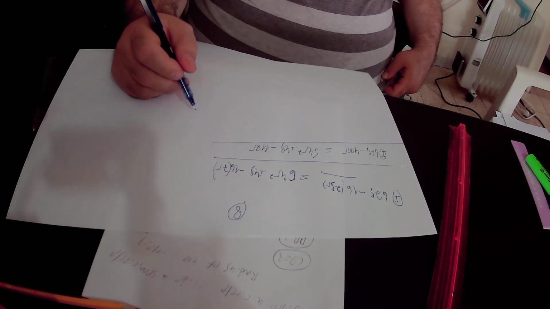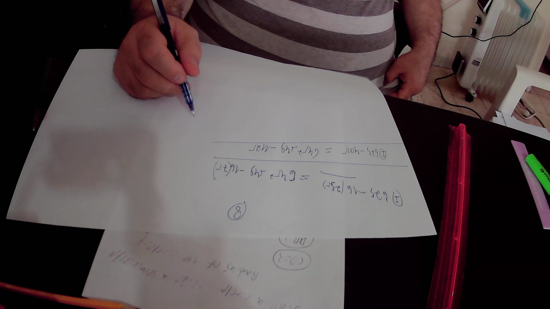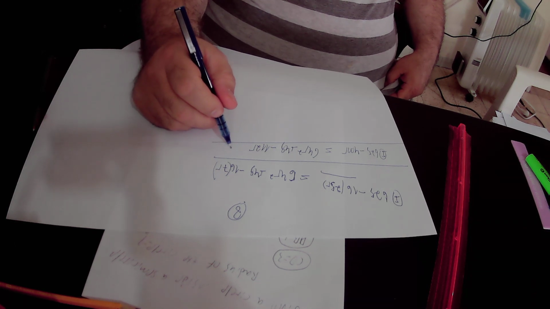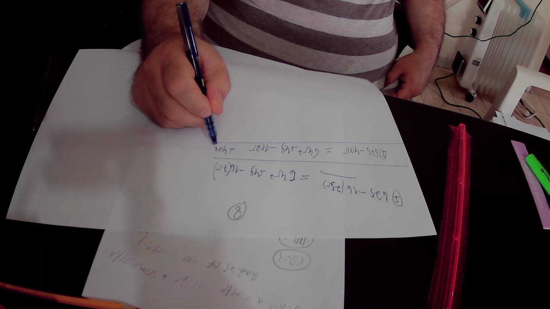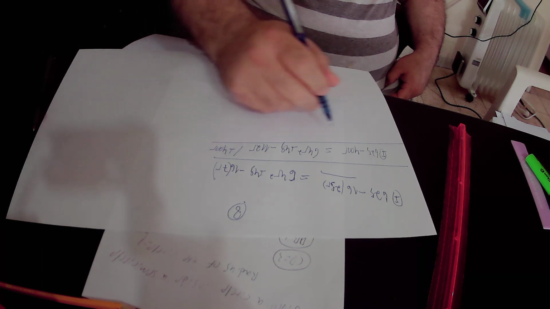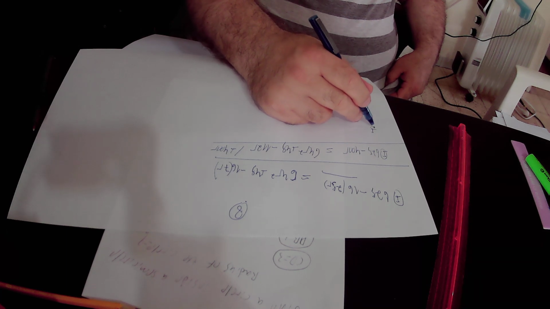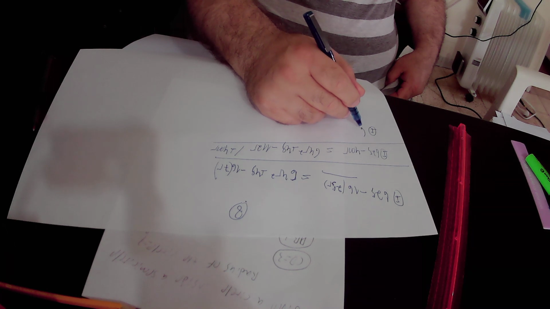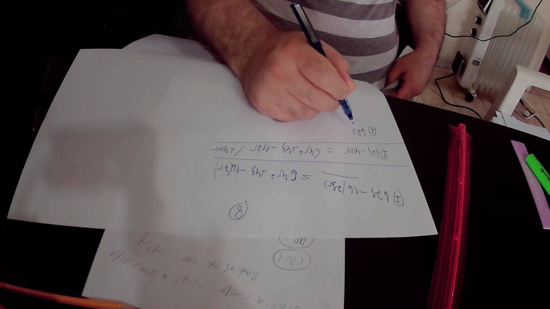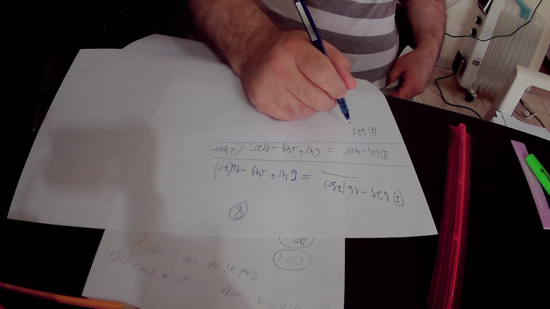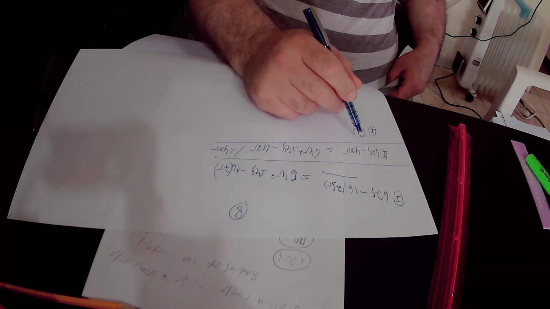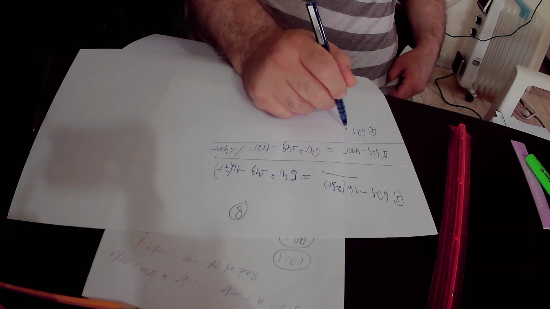Okay, so here we will add 400r to this equation number 1, and we get that according to equation number 1, 625. 400r minus 400r is 0, so we are left on this side of equation number 1 with only 625.